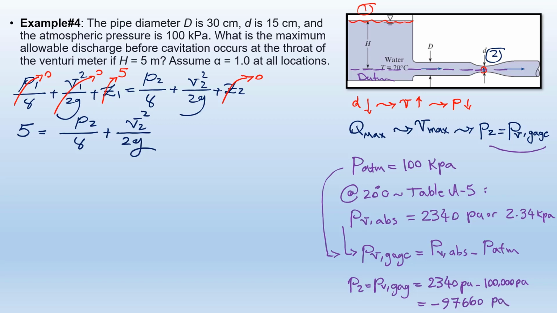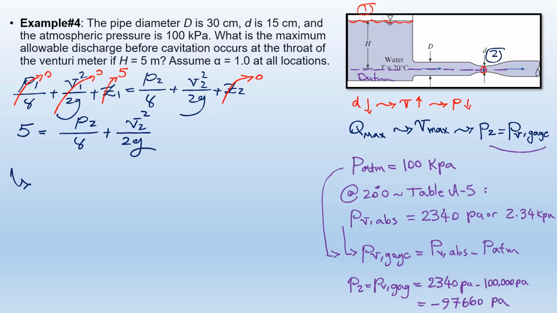Okay, now I'm going to put this value for P2 into my energy equation and find out velocity at section 2.